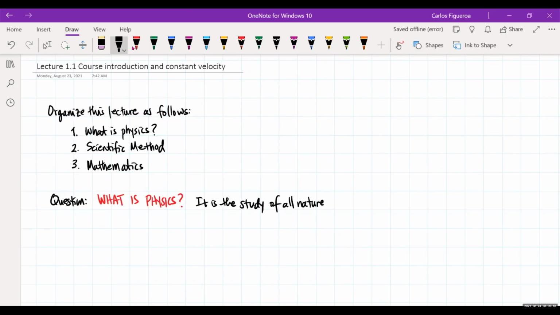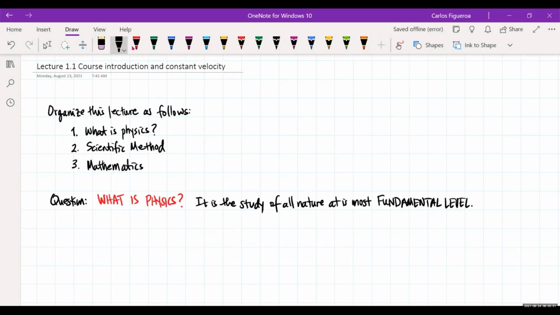I mean the nature of light, the nature of the universe, the nature of atoms, whatever it is. That's what I mean when I say all of nature. But at its most fundamental level. And I'll try to explain this as we go along here.